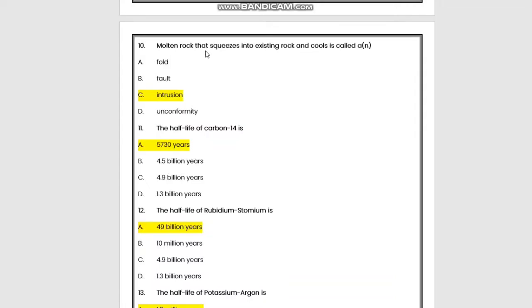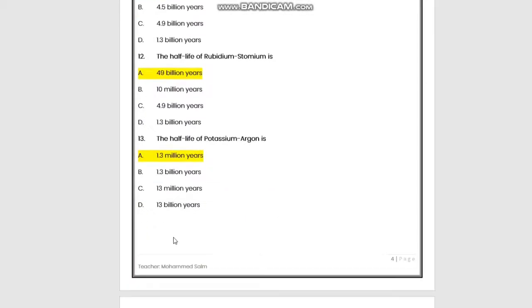Molten rock that squeezes into existing rock and cools is called intrusion. The half-life of carbon-14 is 5,713 years. Important. The half-life of rubidium-strontium is 49 billion years. The half-life of potassium-argon is 1.3 million years.